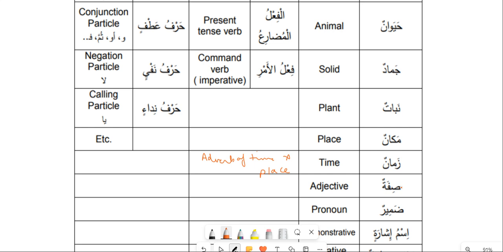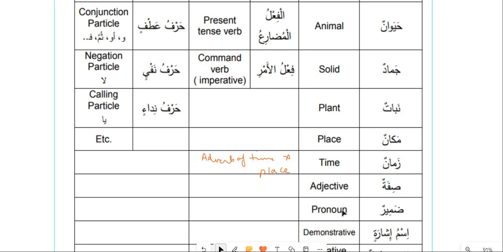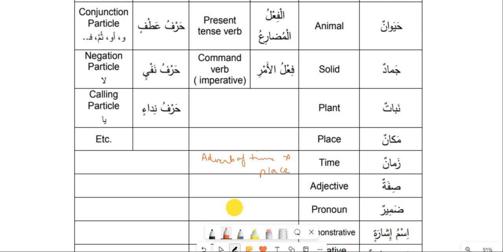And then we have adjectives, we have the pronouns. Now all the pronouns are under ism. Remember, this is very important. All the damirs are under nouns, okay?